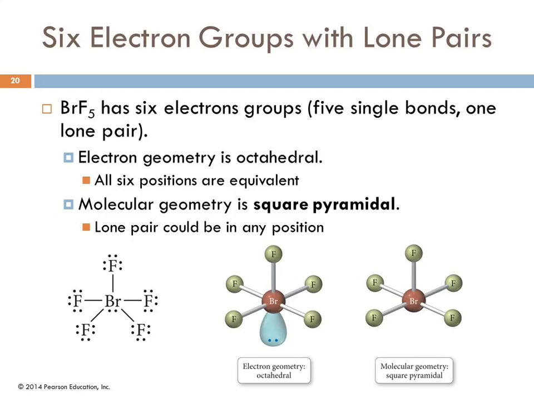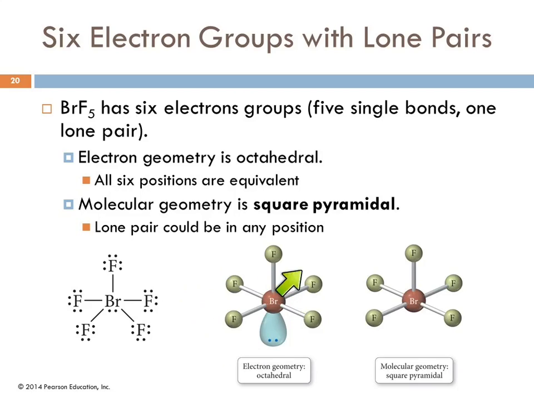Then we can have 6 electron groups. So 6 electron groups made the octahedral geometry. If we have a lone pair on here, now these are all equivalent positions. All the bond angles are the same, they're 90 degrees. And so that lone pair could be anywhere, it doesn't matter, they're all the same.